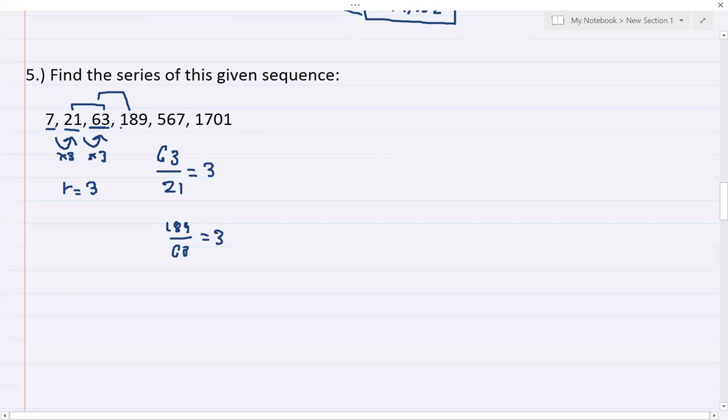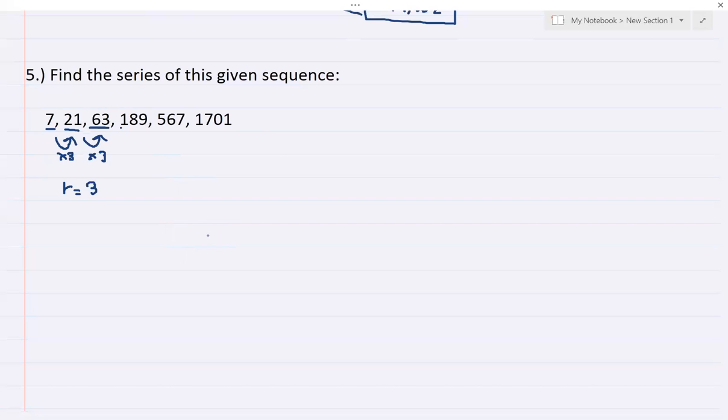Therefore, your common ratio is 3. That's how you get your common ratio, if and only if you are having a hard time. By the way, before I proceed, make sure that all the common ratios are the same. If not, then that's a different sequence already. So let's go. Since we know that it is a geometric sequence, what would be the formula of the geometric series?